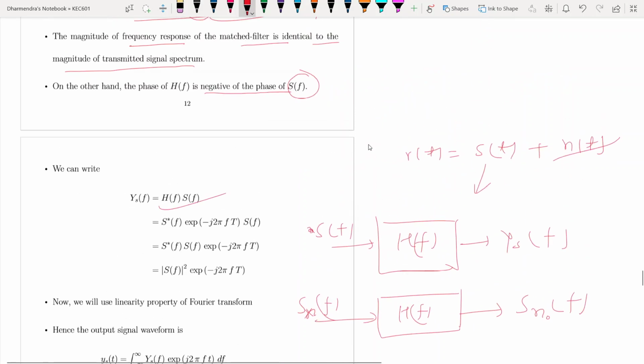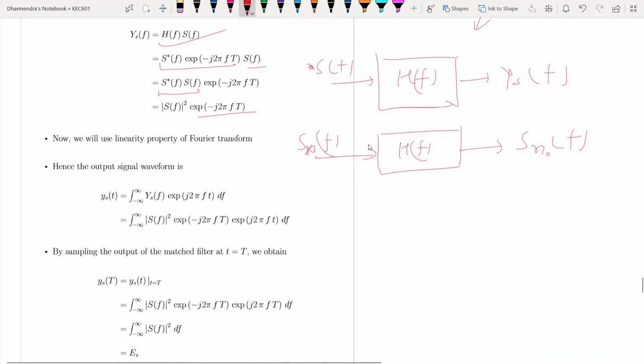So in the frequency domain, the output Y subscript s of f will be the multiplication of the frequency response with the Fourier transform of S of t. H of f can be written like this. So this will be this. This can be written as the square of the absolute value of S of f. So now we will use the linearity property of the Fourier transform.